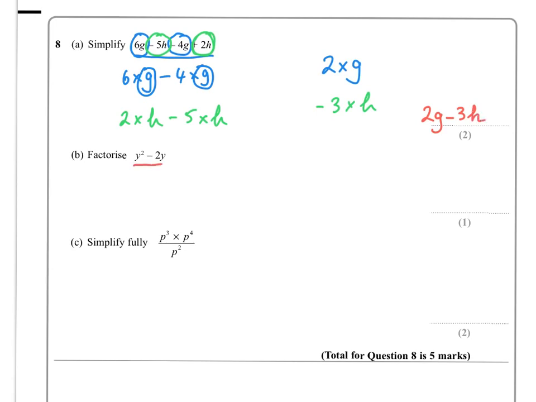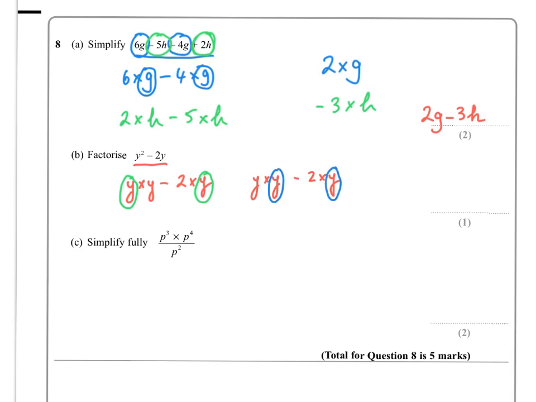With this question here, factorising, write the y squared term as y times y minus 2 times y, and then just circle a common factor, in this case y. Now, when I wrote this out like so, it doesn't matter which one you circle here as long as you only circle one of them.